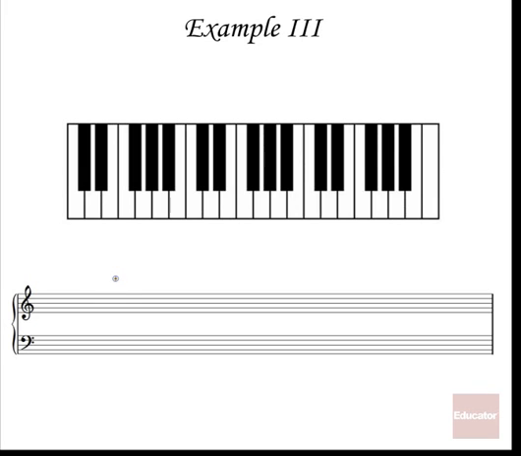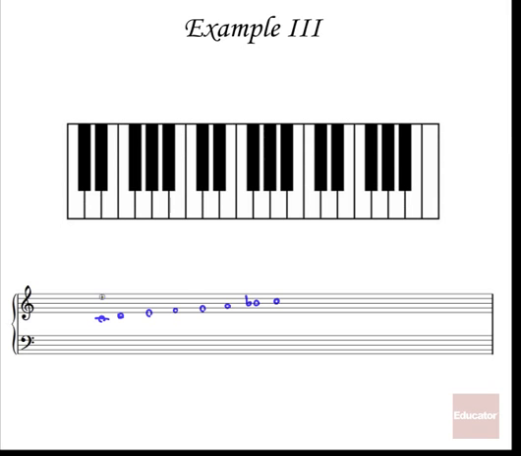Okay, for example 3, let's say we are given a scale and asked to identify what mode it is. So C, D, E, F, G, A, B flat, C. So now we need to think about, there's a few ways to do this.